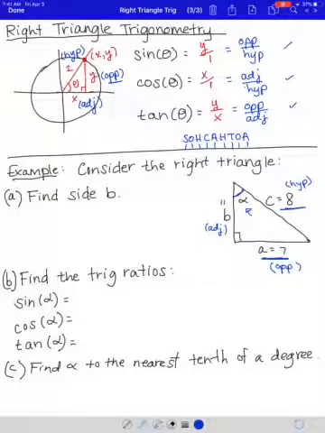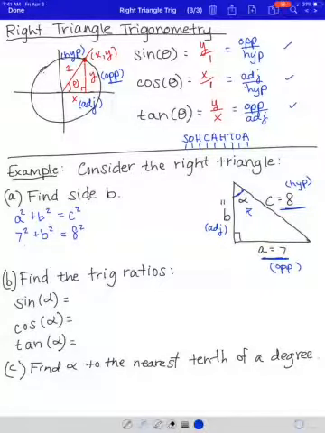The way we're going to do this is using the Pythagorean theorem. Remember, the Pythagorean theorem says that for any right triangle, a squared plus b squared is equal to c squared, where a and b are the legs of our triangle and c is the hypotenuse. If we plug in our numbers, a is 7, so 7 squared plus b squared is equal to c squared, which is 8 squared.